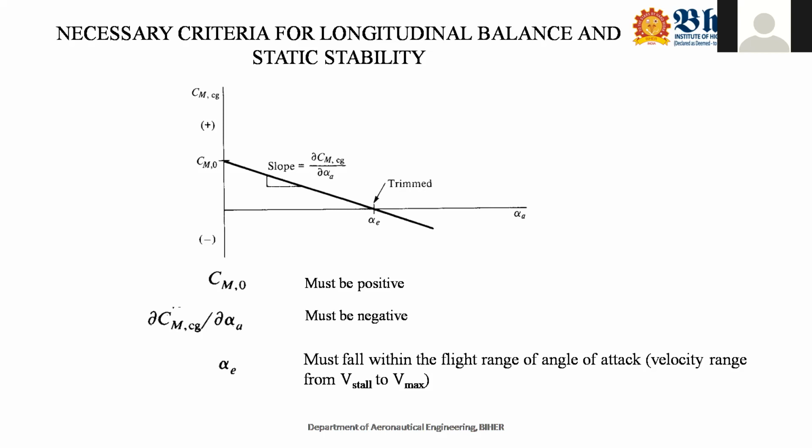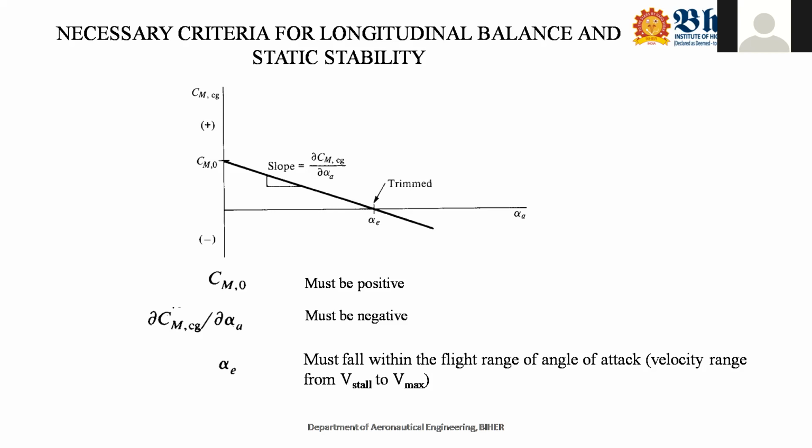So at stall velocity, what about your angle of attack? At maximum angle of attack, your CL attains maximum. So when CL is maximum, then your velocity reaches the stall velocity. So at the stall velocity, the angle of attack is maximum. When your velocity is maximum, then the angle of attack is small.